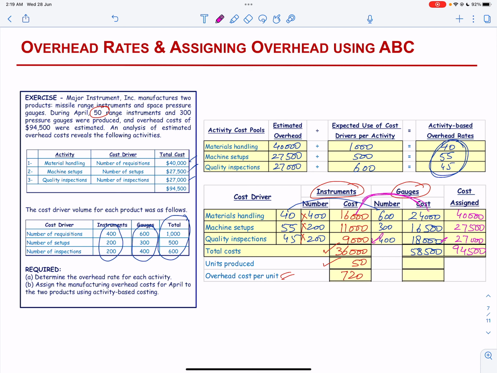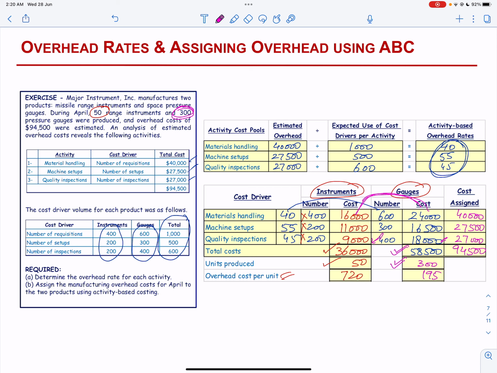Now the units produced in the case of gauges is 300. So we have units produced for gauges 300, and the overhead cost per unit will be 58,500 divided by 300, that is 195.